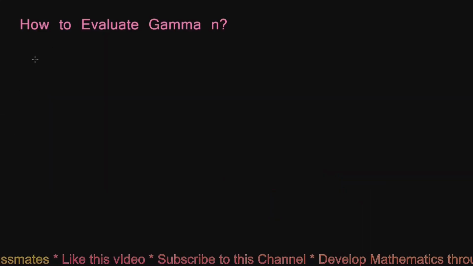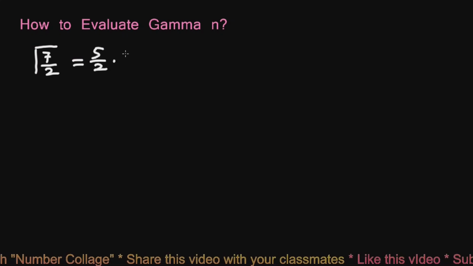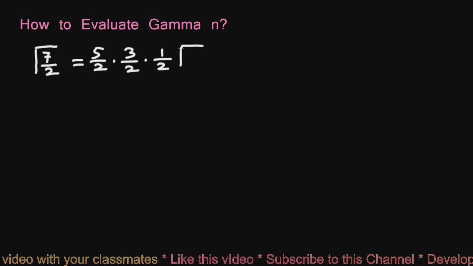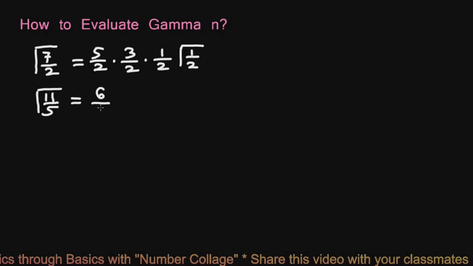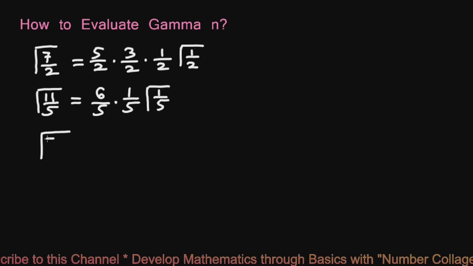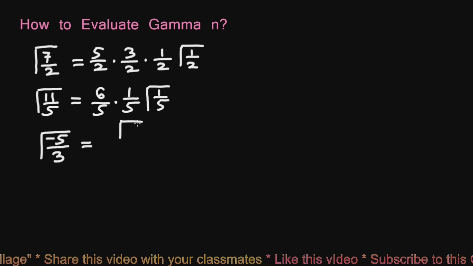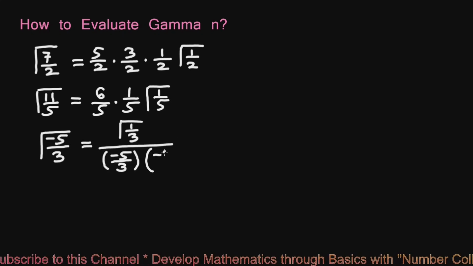We have obtained gamma 7 by 2 equals 5 by 2 into 3 by 2 into half into gamma half. Gamma 11 by 5 equals 6 by 5 into 1 by 5 gamma 1 by 5. Gamma minus 5 by 3 equals gamma 1 by 3 upon minus 5 by 3 into minus 2 by 3.